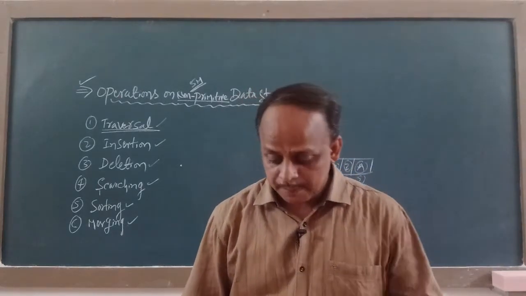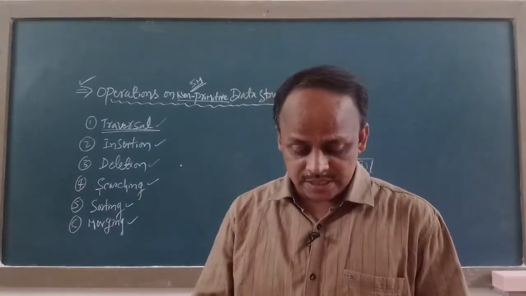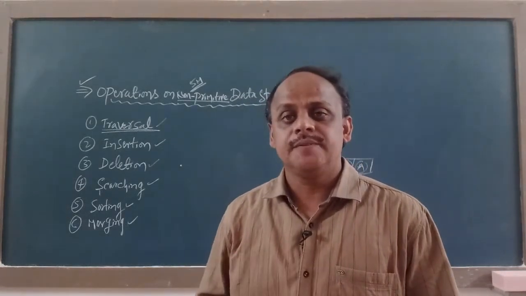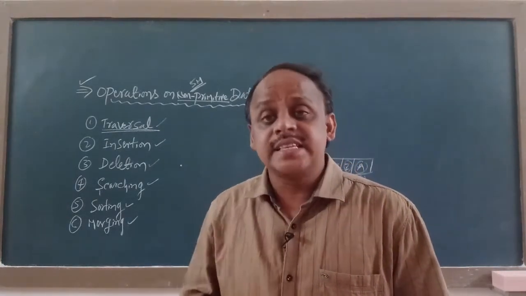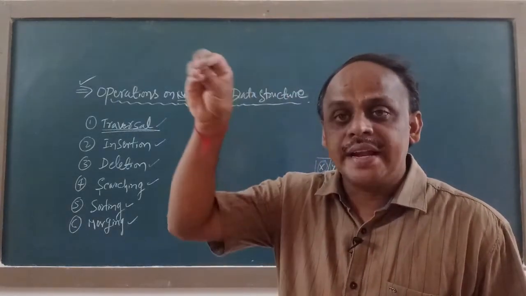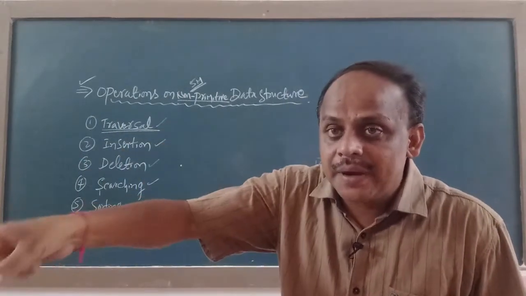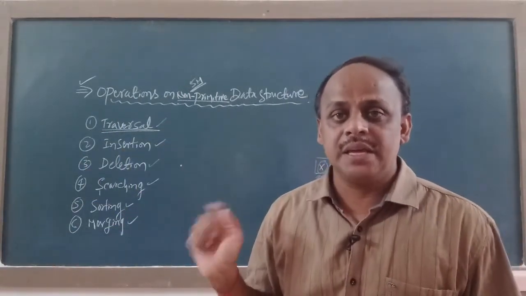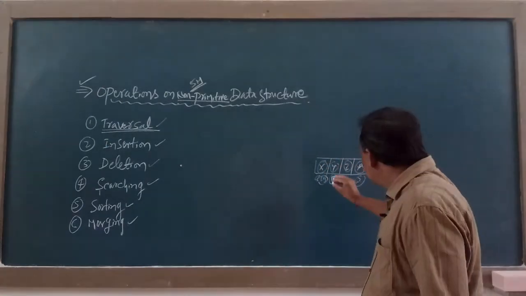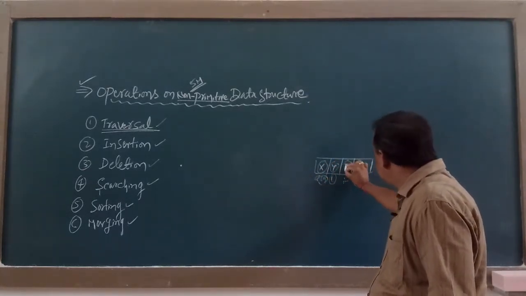He says the process of accessing each data item exactly once to perform some operation is called traversal. The process of accessing a data element means the process of entering an element into the memory, or the process of taking an element from the memory, is called accessing. So traversal means we are going to visit this element location, or this element location, like this.